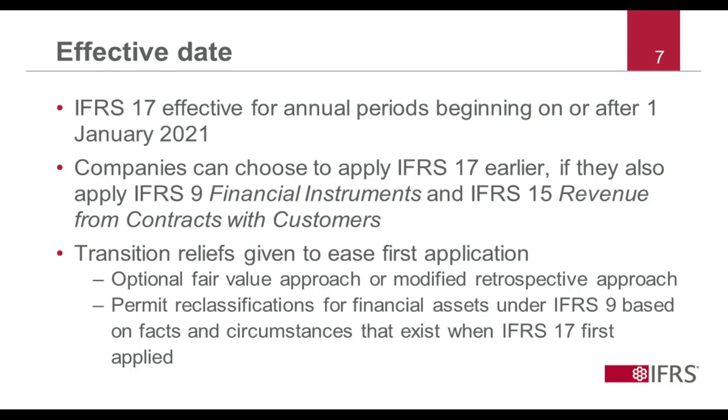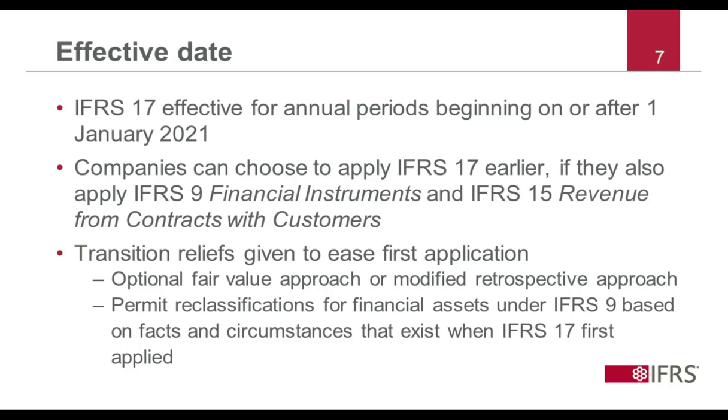IFRS 17 includes several transition reliefs to assist a company in applying the standard for the first time. So, for example, a company is not required to account for its insurance contracts as if IFRS 17 had always been applied, if that is not practicable. Instead, in that circumstance, a company can use one of two approaches: a modified or simplified retrospective approach, or a fair value approach.